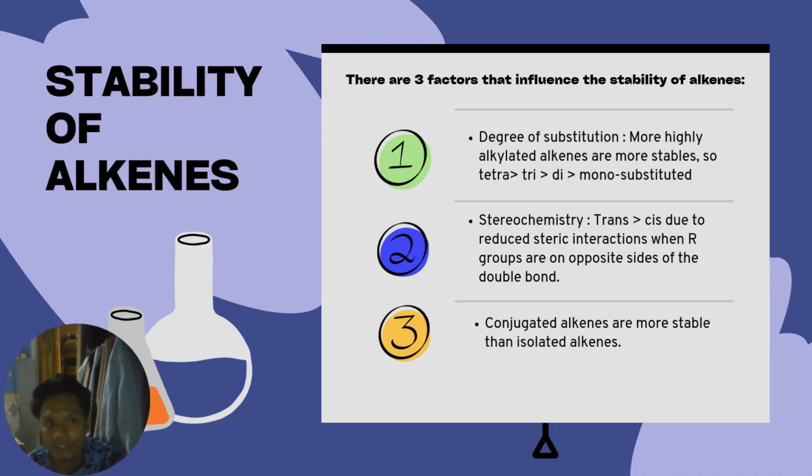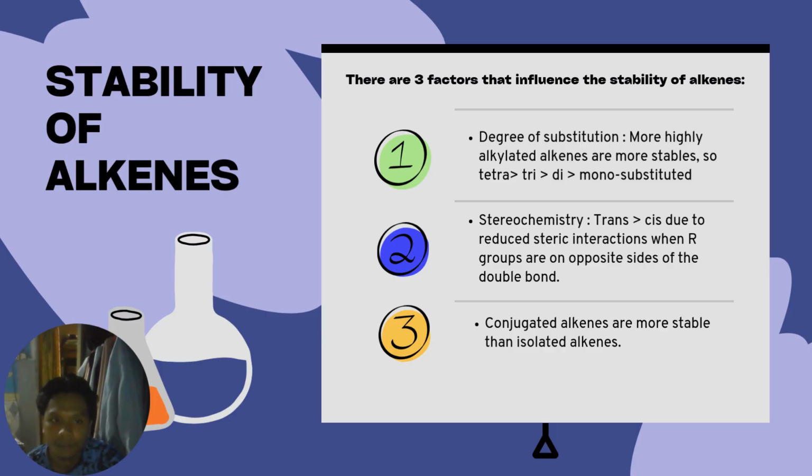First is the degree of substitution. Alkenes with more alkyl groups attached to the carbon-carbon double bond are more stable. Therefore, the stability order is tetra-substituted, followed by tri-substituted, di-substituted, and finally mono-substituted alkenes. Second is stereochemistry.